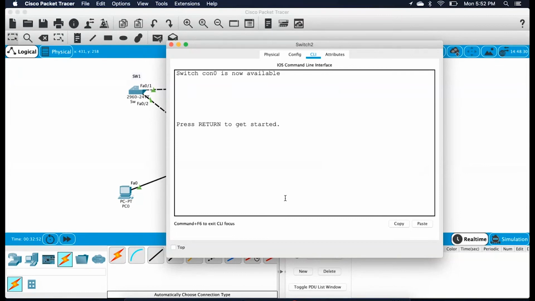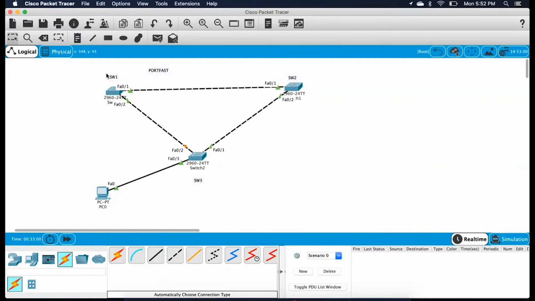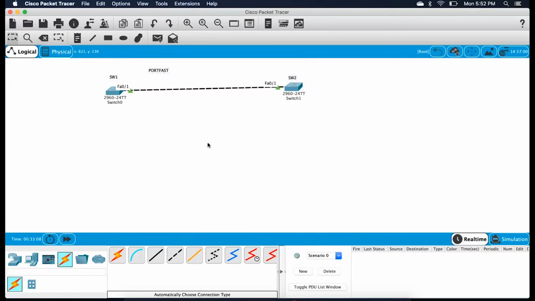I hope you're done with the lab, and then we will move to the next one, which is about EtherChannels. So I'll just delete this, and then what we are going to talk about is EtherChannels.